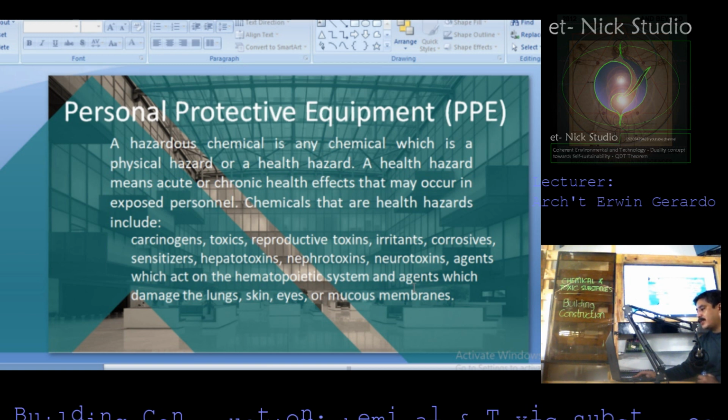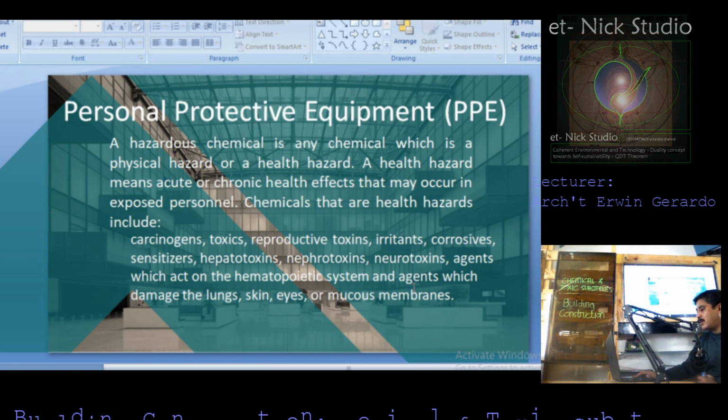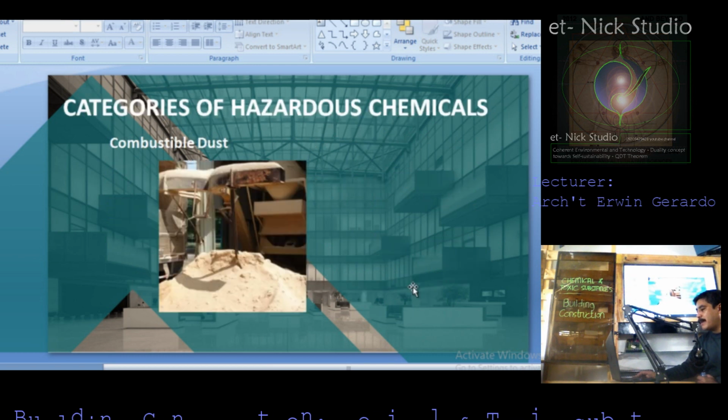Chemicals that are health hazards include carcinogens, toxics, reproductive toxins, irritants, corrosives, sensitizers, hepatotoxins, nephrotoxins, neurotoxins, agents which act on the hematopoietic system, and agents which damage the lungs, skin, eyes, or mucous membranes.